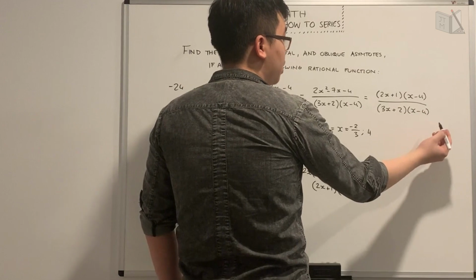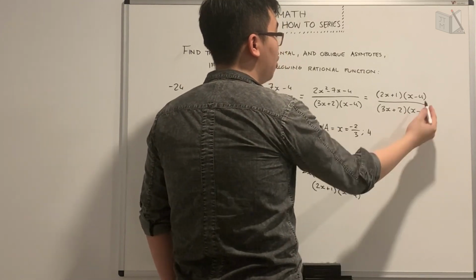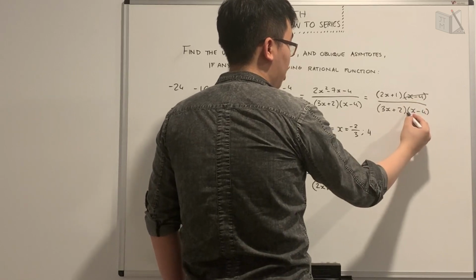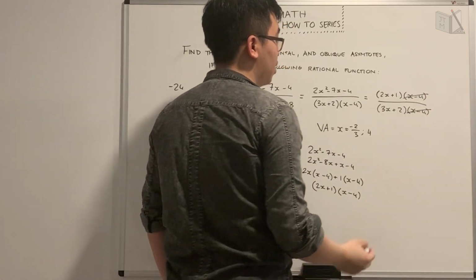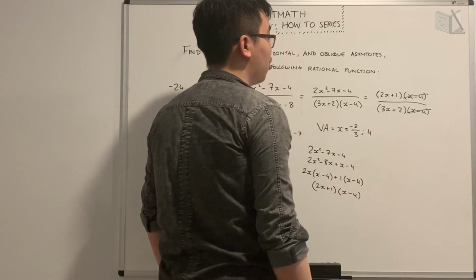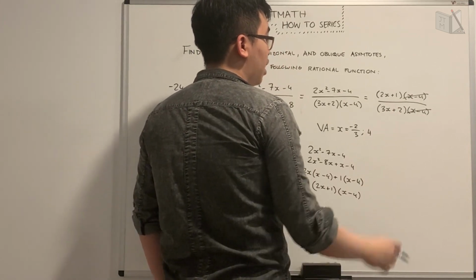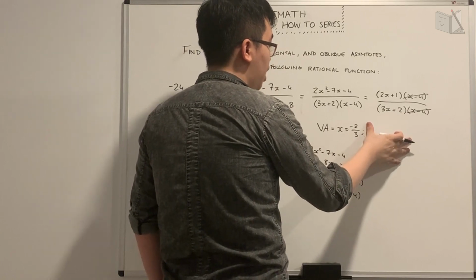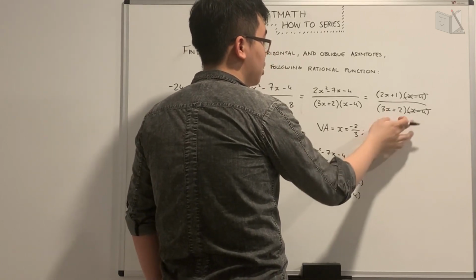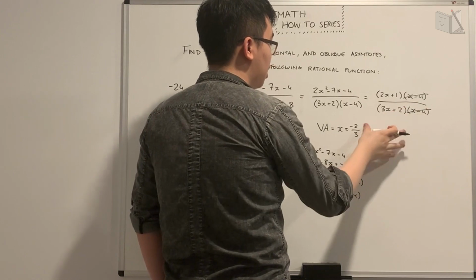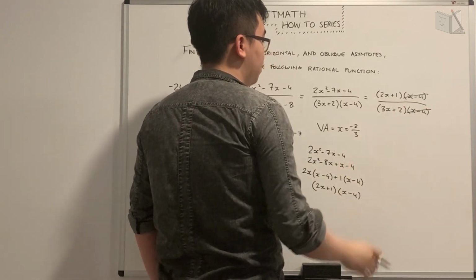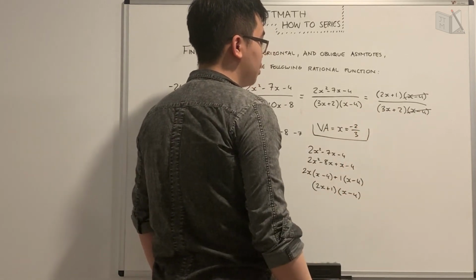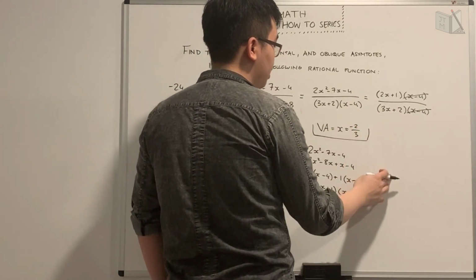Hopefully you notice that x minus 4 exists in both the numerator and denominator, which means I cancel them out and we're left with 2x plus 1 over 3x plus 2. What that means for our final answer is that x equals 4 is not going to be a vertical asymptote, because we've successfully canceled the factor x minus 4 out. Our final answer for the vertical asymptote is x equals minus 2 over 3.